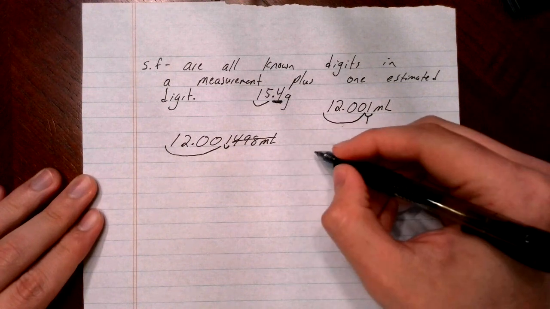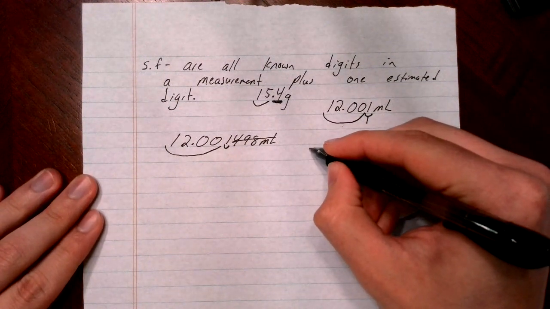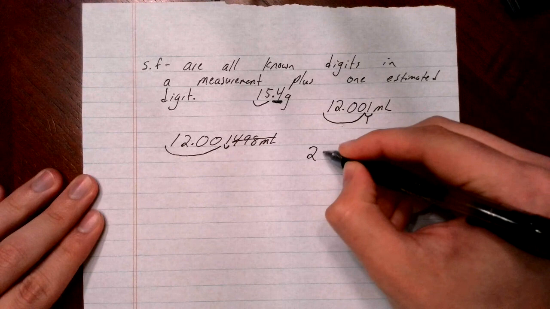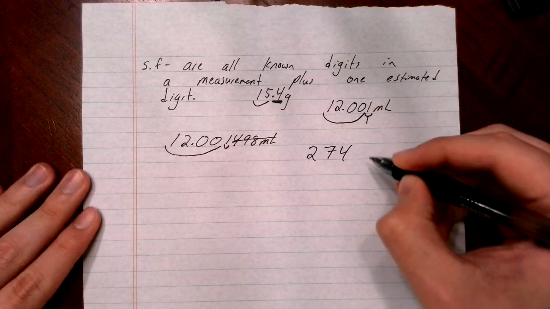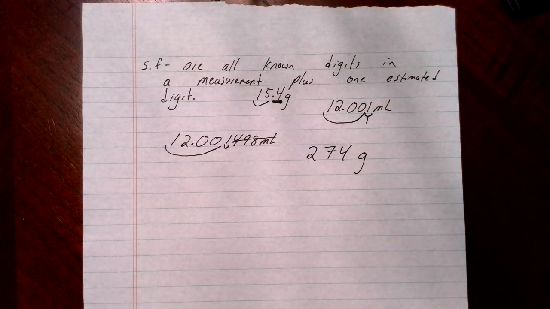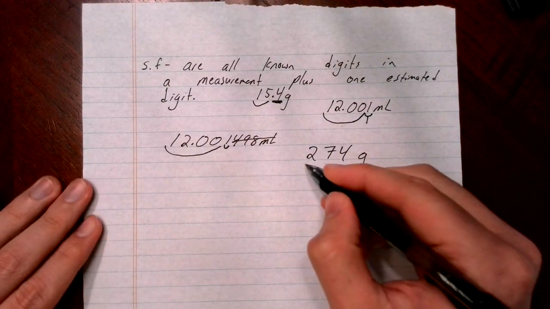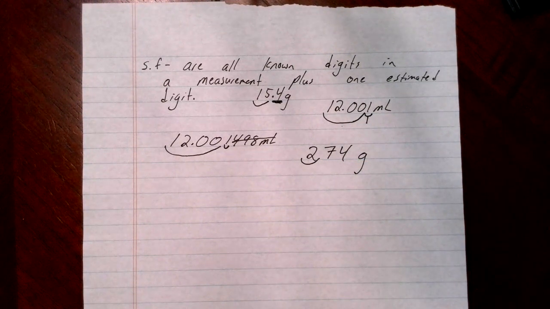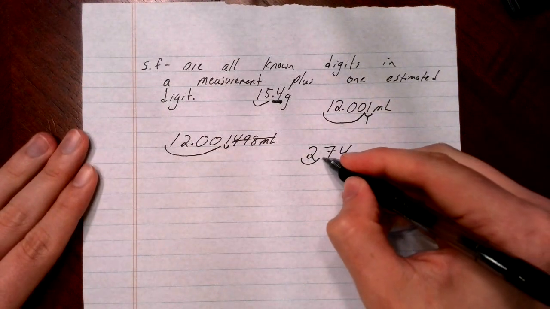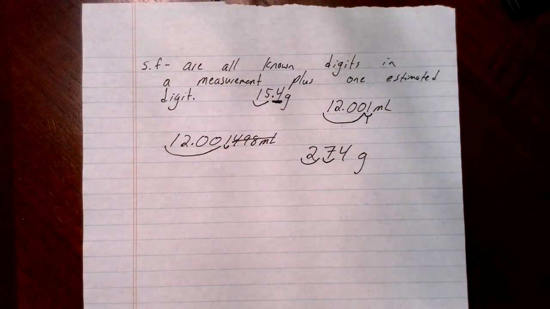So let's look at an example that's easier to see. Let's look at 274. Let's just make up a number. We'll say grams. Let's say I know this digit is accurate. I know the hundreds place should in fact be a 2. Then I'm estimating the tens place as 7. That means I'm not really sure about that.